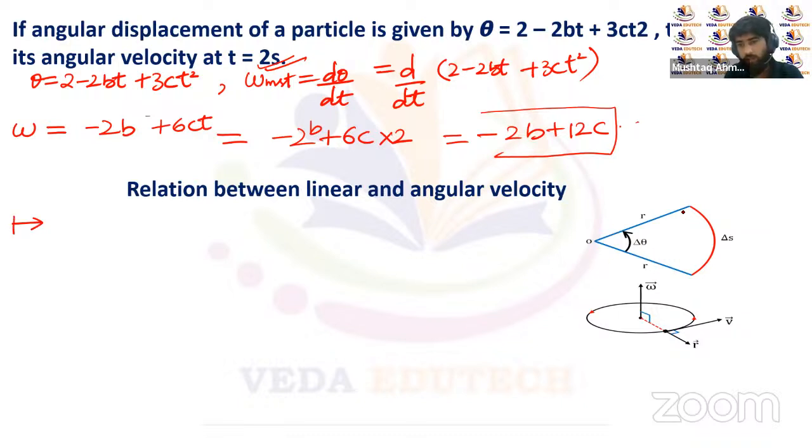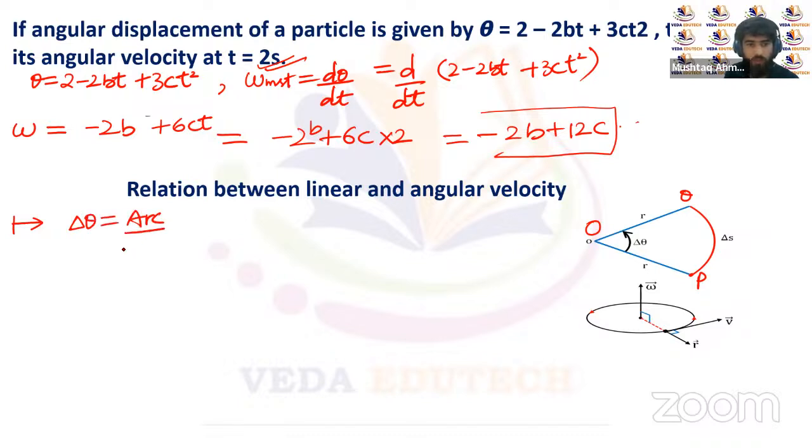Let's suppose there is a distance covered by this particle from point P to point Q, and it subtends an angle of delta theta, or we can say the angular displacement is delta theta, with a radius r with respect to the origin O. We know that this angular displacement delta theta is arc upon radius.